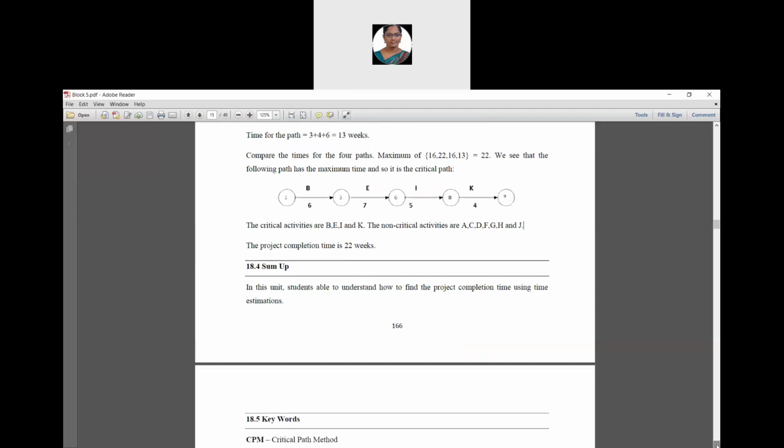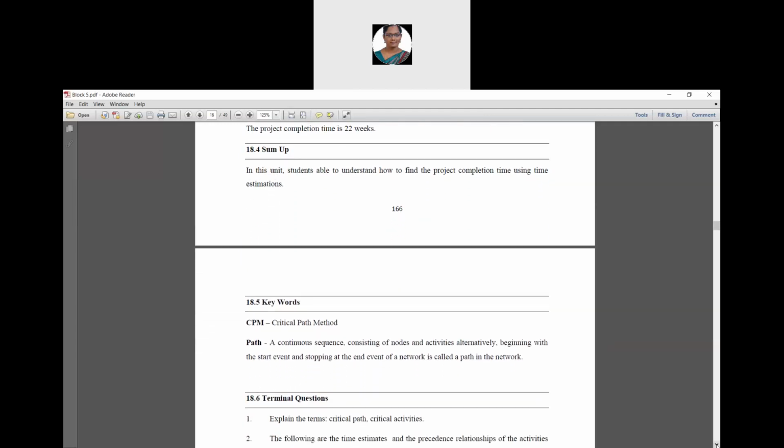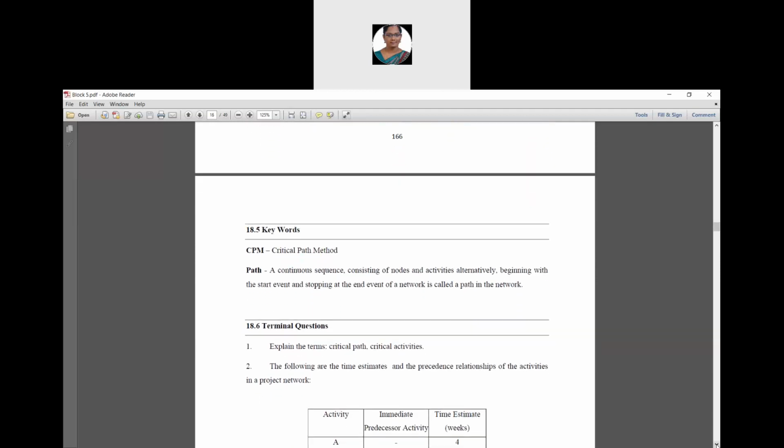CPM means critical path method, as we all know. And path means a continuous sequence consisting of nodes and activities, beginning with the start event and stopping at the end event of a network. It is called a path in the network.